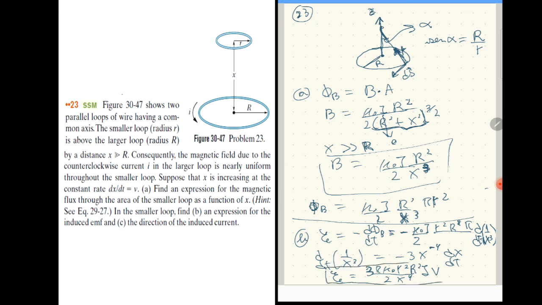I'm sorry this is not so clear, my handwriting is not so good right now and the space is not so convenient, but this is the right expression for the electromotive force.